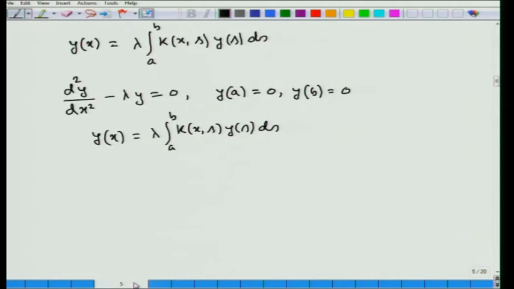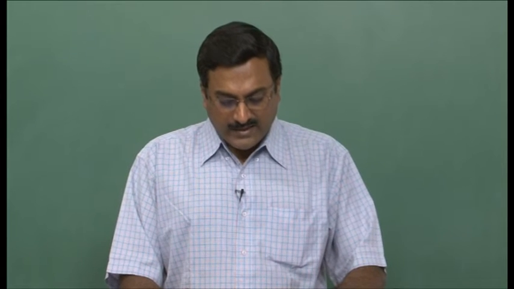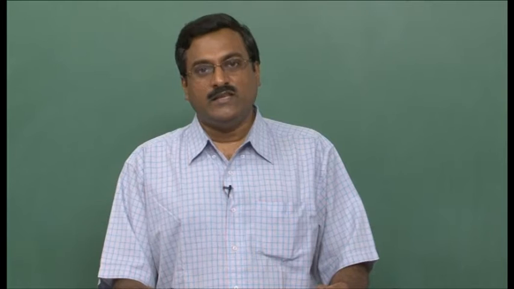So, the point is that once we start from a linear homogeneous ordinary differential equation, which is a boundary value problem with separated boundary conditions, we arrive at a Fredholm integral equation of the second kind, and that integral equation is also homogeneous.